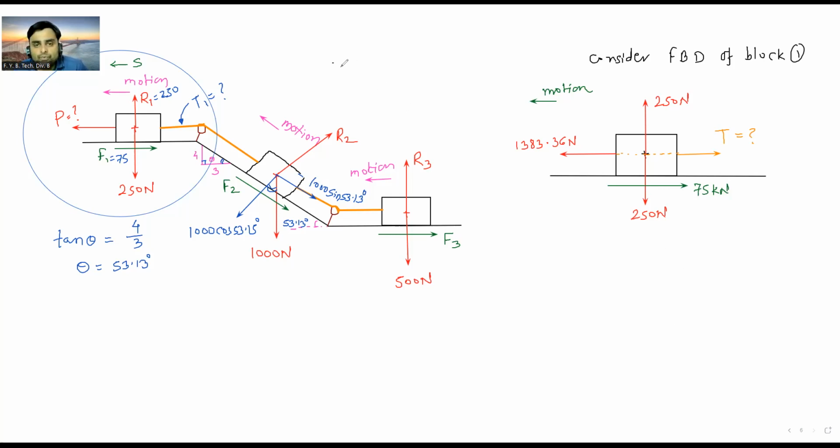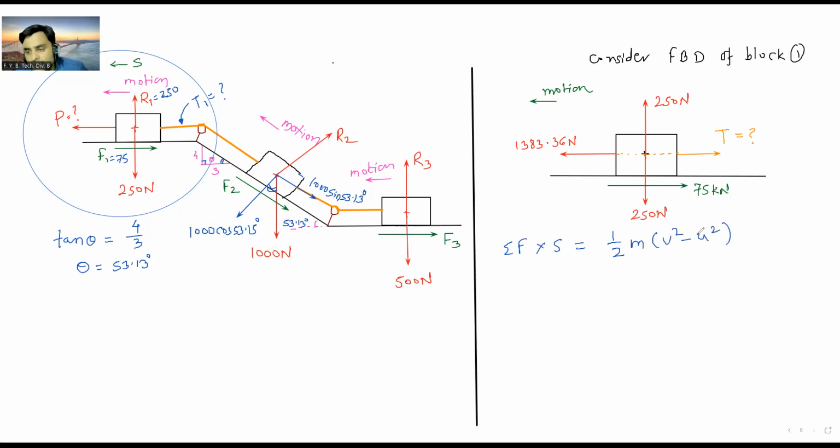Okay. All these forces we should consider for a single block. Now for a single block, I will apply work energy principle again. Work energy principle for single block: summation F into S is equal to half M V square minus U square, because there is only one block.